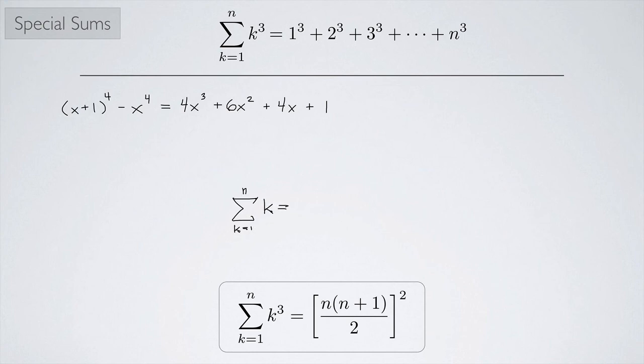And that was, if you remember, just n times n plus 1 over 2. So this looks almost the same, except we're taking that n times n plus 1 over 2 and squaring it. And that will give you the formula for the sum from k equals 1 to n of k cubed.